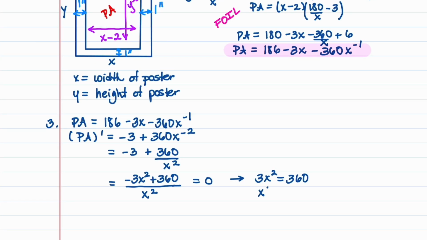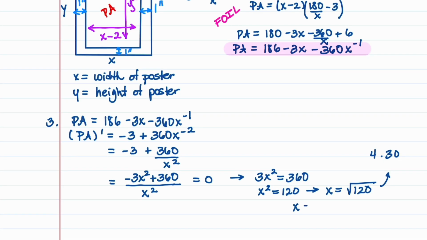So x squared is equal to 120. And this gives us x is the square root of 120. Think of 120 as 4 times 30. So we can pull out the square root of 4 as 2. So we have x is equal to 2 square root of 30.